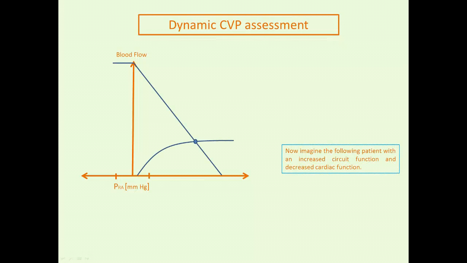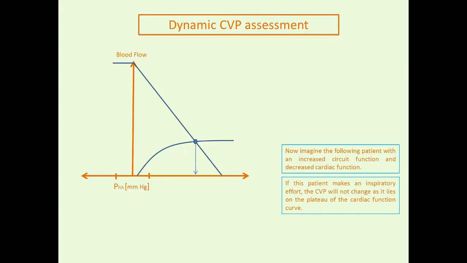So now imagine this cardiac function curve. You're clearly on the plateau here. This patient is going to be a fluid non-responder. If you move their venous return curve to the right by bolusing them, increasing their mean systemic pressure, you're just going to get a higher right atrial pressure and no increase in cardiac output. So what happens if this patient breathes in? Okay, this is the right atrial pressure.